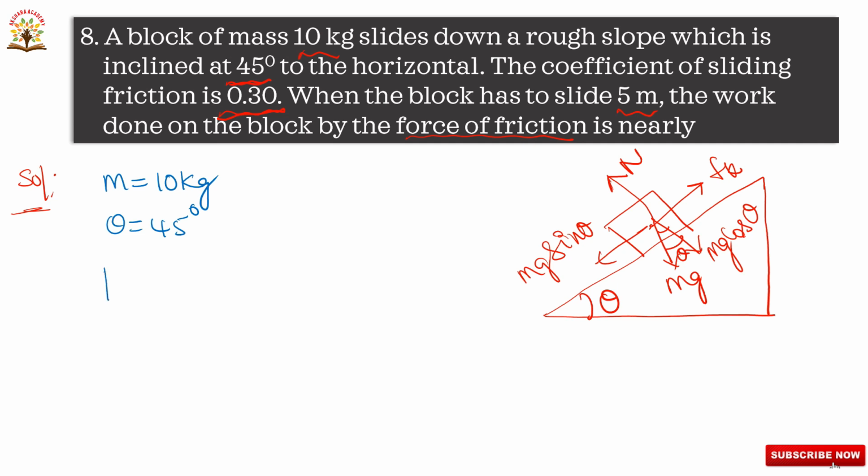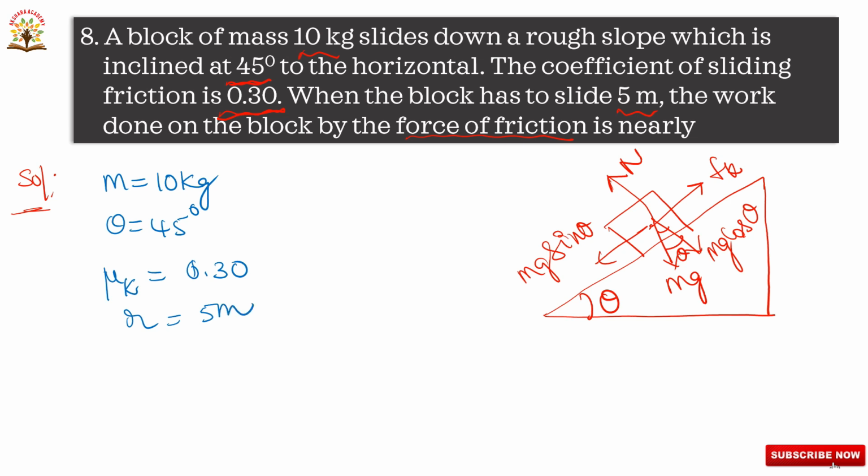For kinetic friction, they gave the coefficient of sliding friction, that is mu k is equal to 0.30, and the block slides 5 meters, so here L is 5 meters.